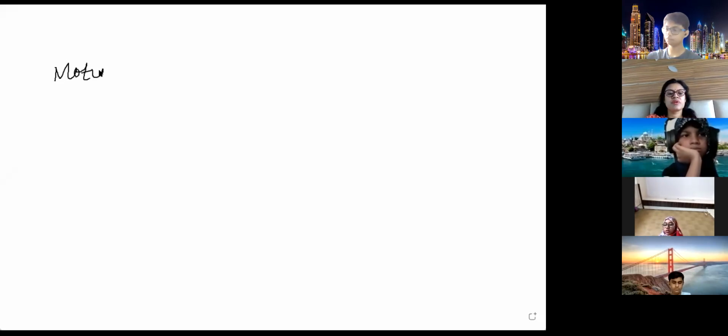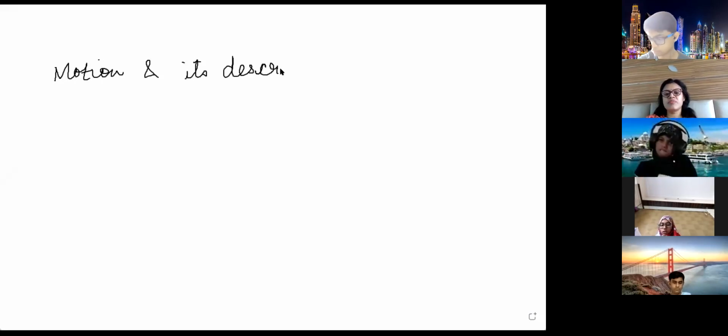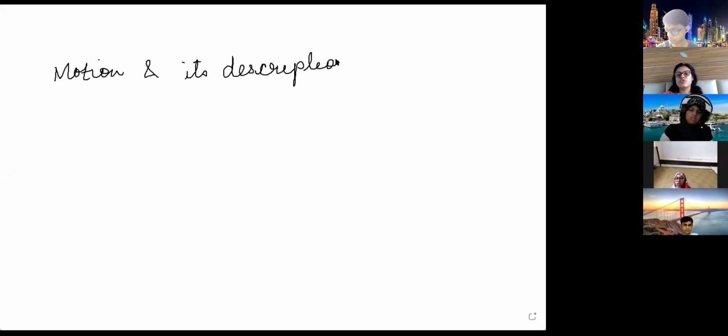Before the distance time graph, you have to write down what the subtopics are in motion and its description. Motion and its description is there in this chapter. So what are the topics, so that you don't miss any topic? You know what is motion, types of motion, everything we did in the beginning.